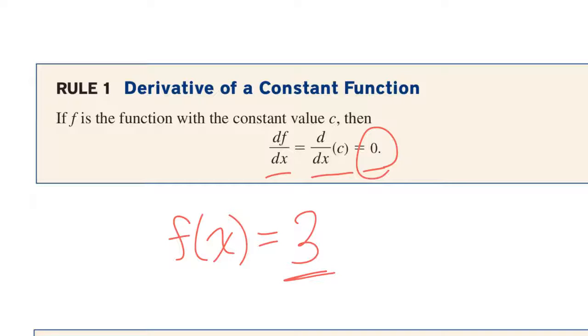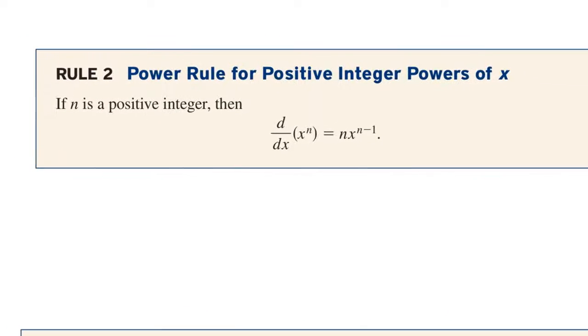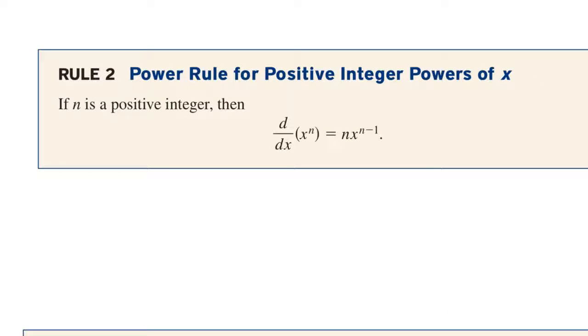Our next rule is the first step in differentiating a polynomial. This is the power rule for positive integer powers of x. This says that if n is a positive integer, then the derivative of the function x to the power of n is equal to n times x to the power of n minus 1.